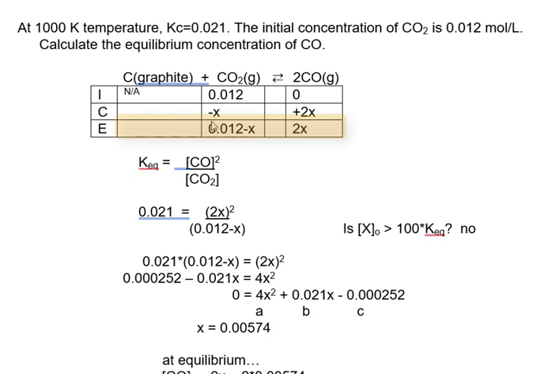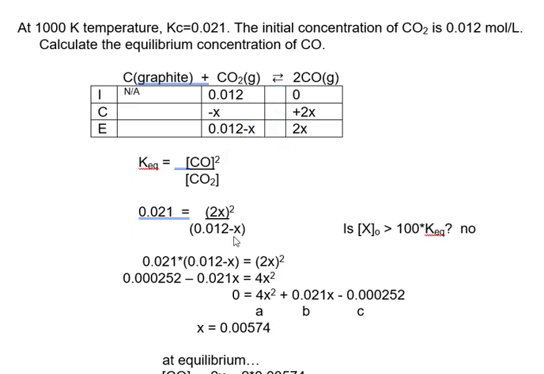And at equilibrium, we use these expressions here, 0.012 minus x and 2x. And we substitute these expressions into the equilibrium constant expression, making sure that we're squaring the 2x. And remember that squared came from the coefficient of 2 in front of the CO.